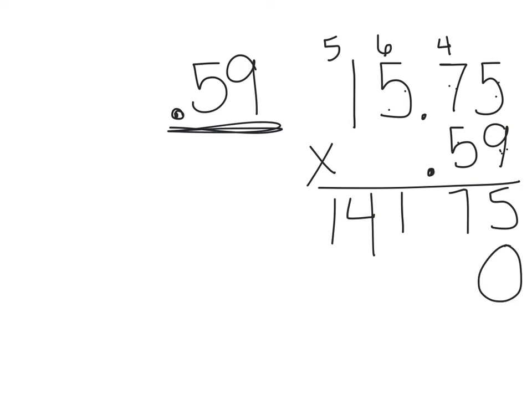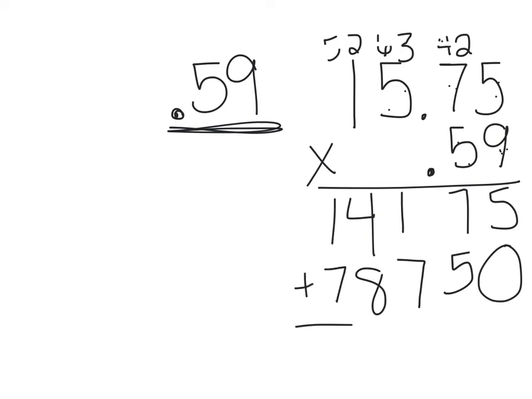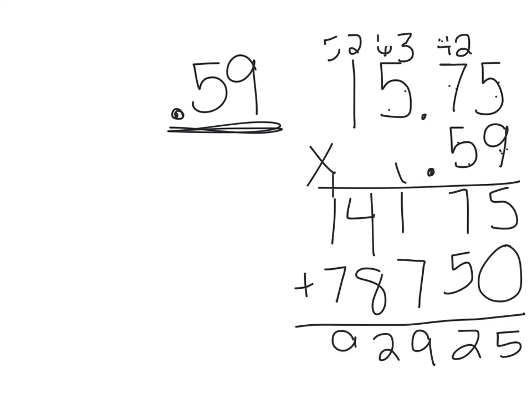5 times 5. I'm done with these numbers. 5 times 7 plus 2. 5 times 5 plus 3. 5 times 1 plus 2 more. And then I have to add. Okay, now here's the part where I have to count how many spaces behind the decimal.